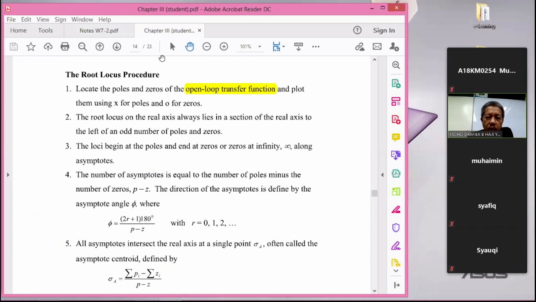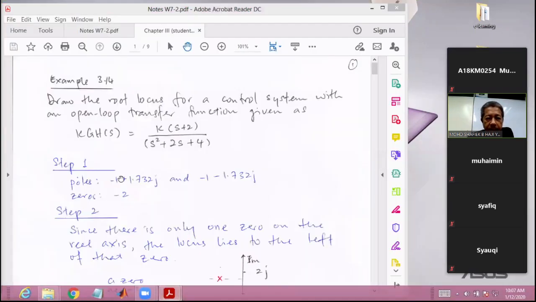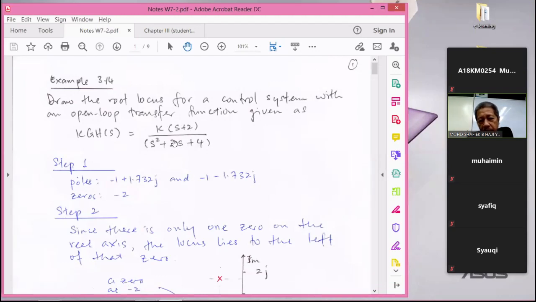The first one is always to locate the poles and zeros, and use X for poles and O for zeros. That's the first step. Now here we have s squared plus 2s plus 4 and s plus 2 in the open loop transfer function. So we have 2 poles, and the poles are complex.